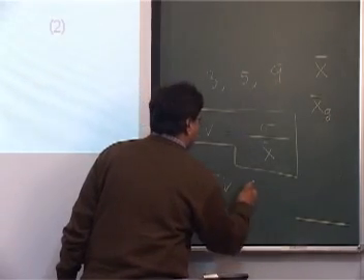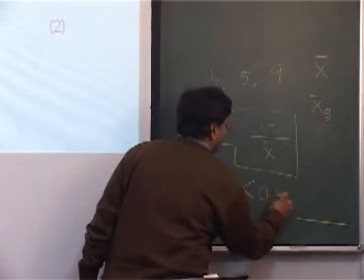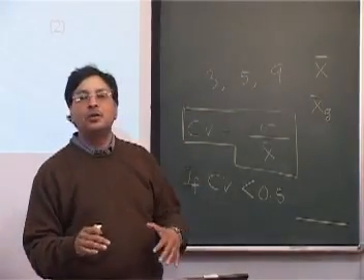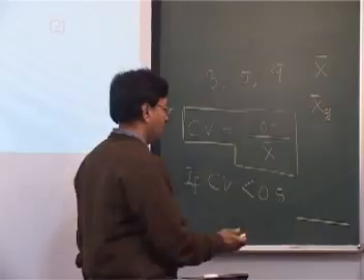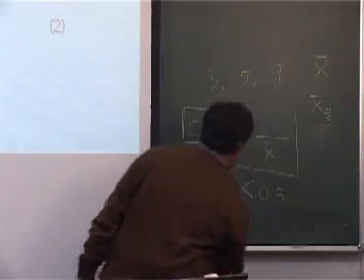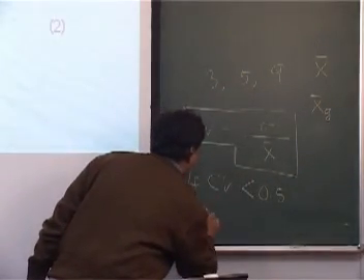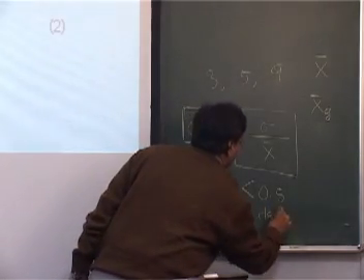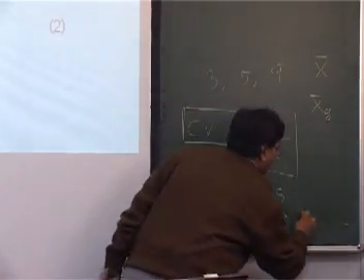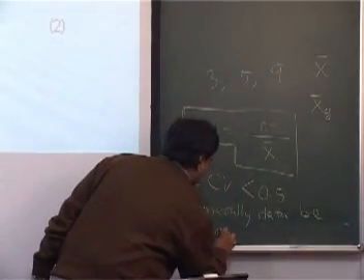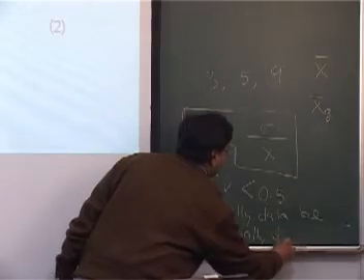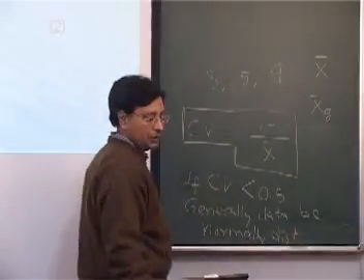If it is less than 0.5, you would expect the data to be normally distributed, generally. Normally distributed.